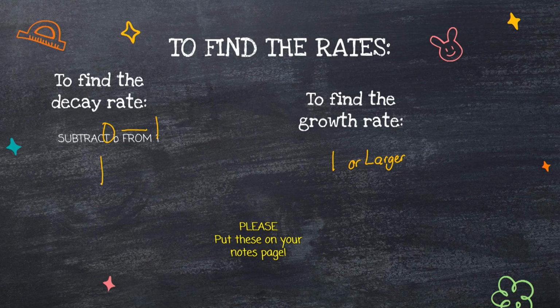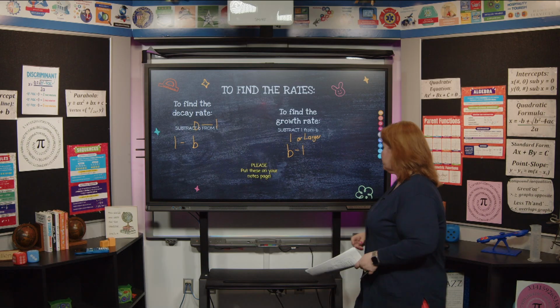So whatever my B is, I'm going to subtract it from 1. So 1 minus whatever my B value is. For me to find my growth, what am I going to do? I'm going to subtract 1 from B. So I'm going to have this and subtract 1 from it. Make sure this ends up on your notes page or wherever you're taking notes, because these right here are going to help you find those different rates.